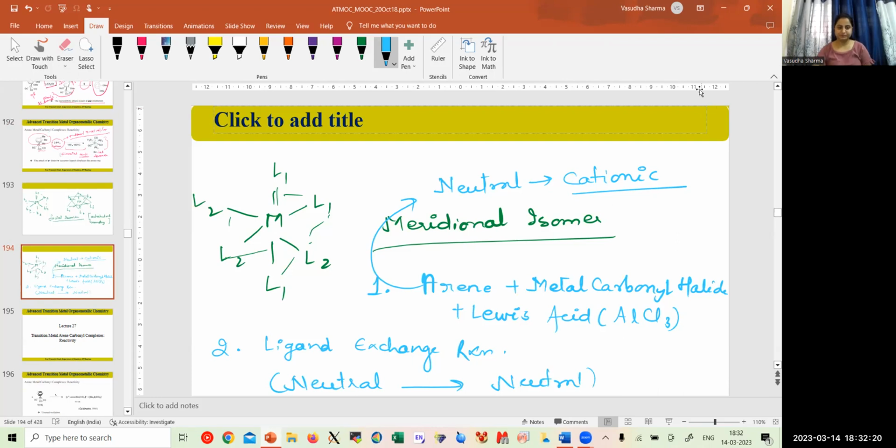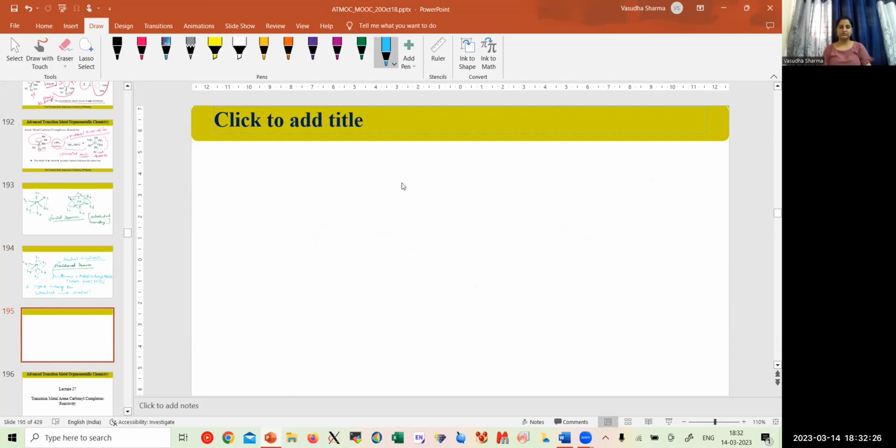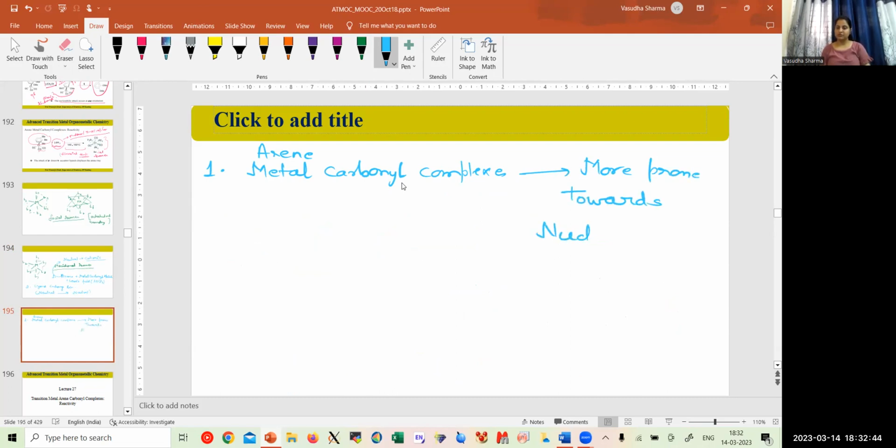Then we saw different reactivity. What we saw is that arene metal carbonyl complexes are more prone towards nucleophilic substitution reactions rather than electrophilic substitution reactions.